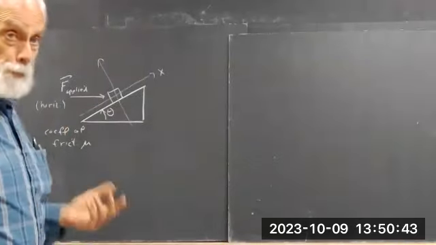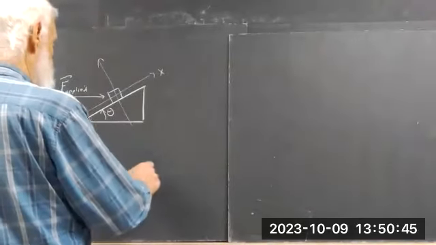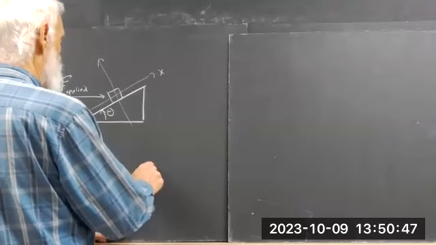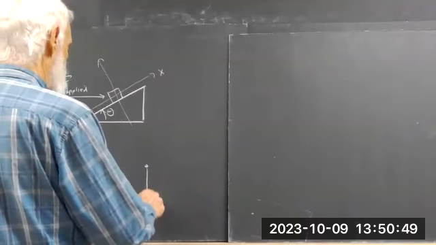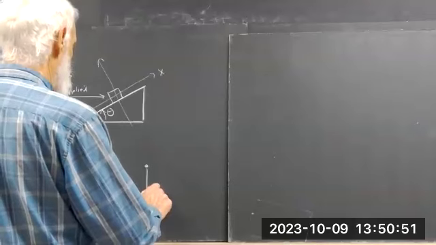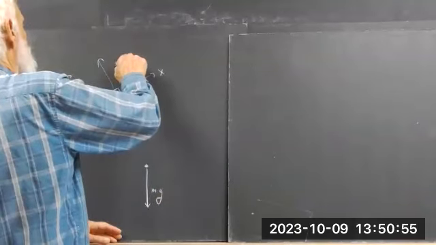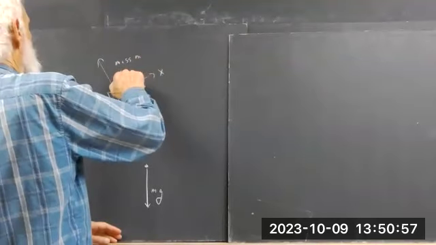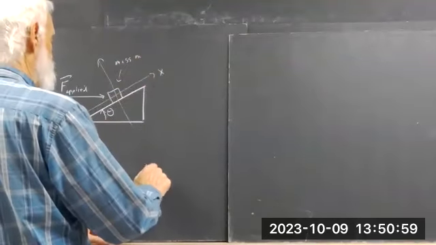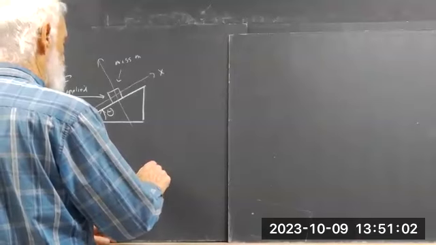Free-body diagram is pretty straightforward. You've got your mass. You've got mg, and I didn't label the mass. The mass is m. You've got mg. You've got your applied force.